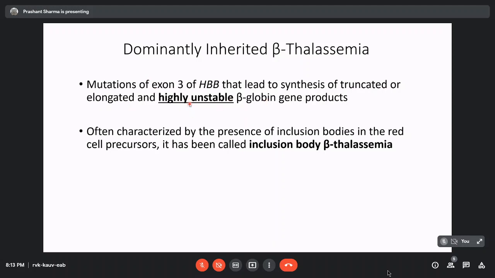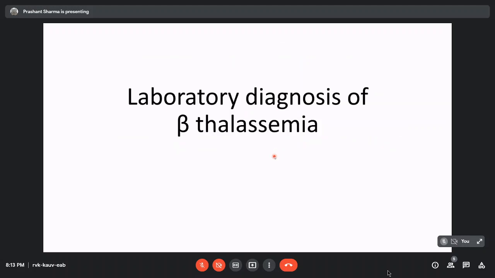These gene products are going to be precipitating within the RBCs and adding to the precipitated alpha chains, which of course still have nobody to combine with, and they will then be symptomatic even in the heterozygous state, and that's why they are dominantly inherited. And you can actually see the inclusion bodies.